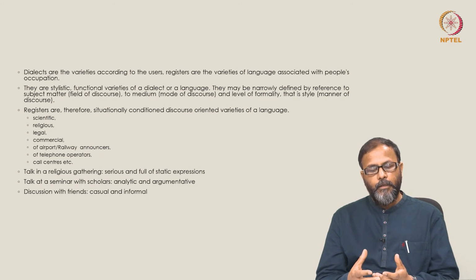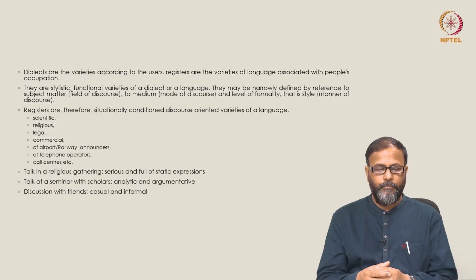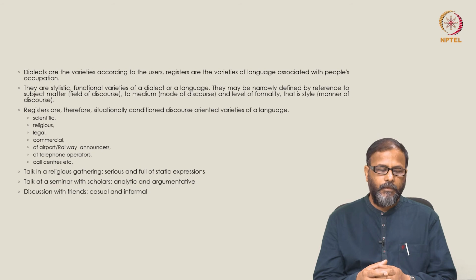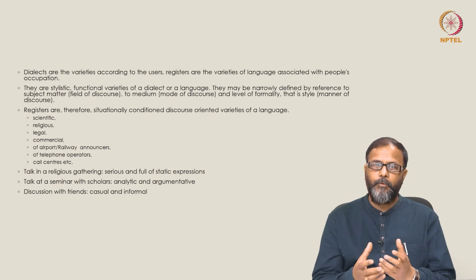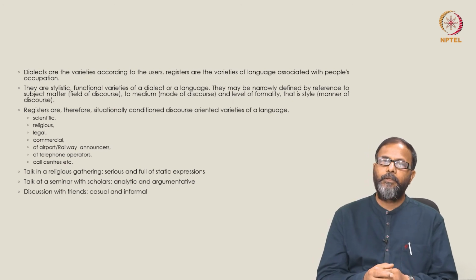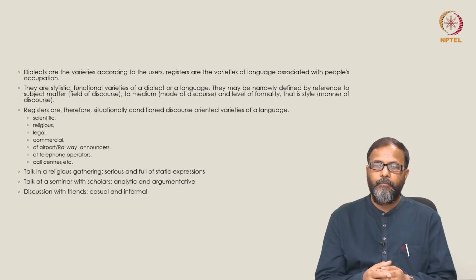Moving on, dialects are the varieties according to the users, but registers are varieties according to use, right? We can have examples of registers like scientific, religious, legal, commercial, airport announcements, railway station announcements, registers of telephone operators, registers in call centers.